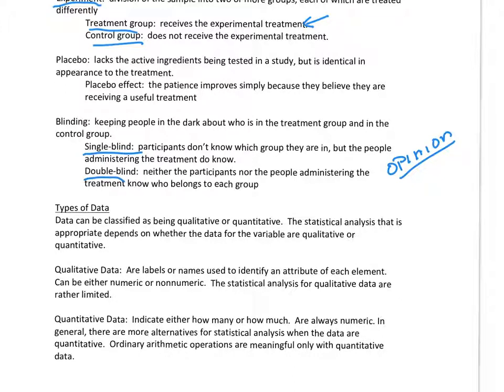If I want to know if a particular medicine makes your fever go back to normal faster, that's a measurement. As a researcher, I can't influence that. And as a participant, you probably can't influence that either, unless you can mentally make your temperature go down. That's no reason for blinding. You just sit there and wait, and we measure.